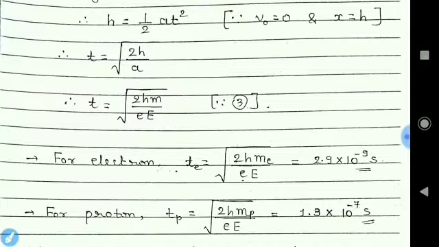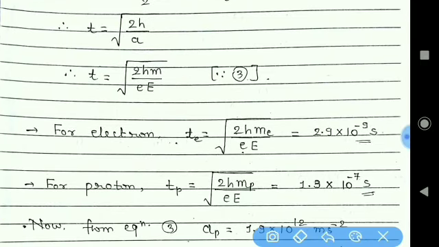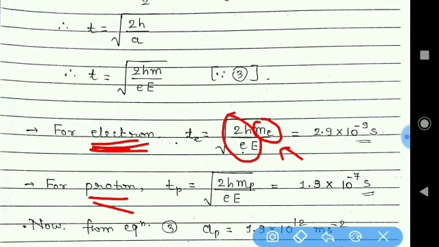Now if we want to find the time taken by the electron to cover that distance h, then simply we have to put the mass of the electron here. Other values will be the same if it is an electron or a proton, but here we want to find the time for an electron, so mass will be of the electron.